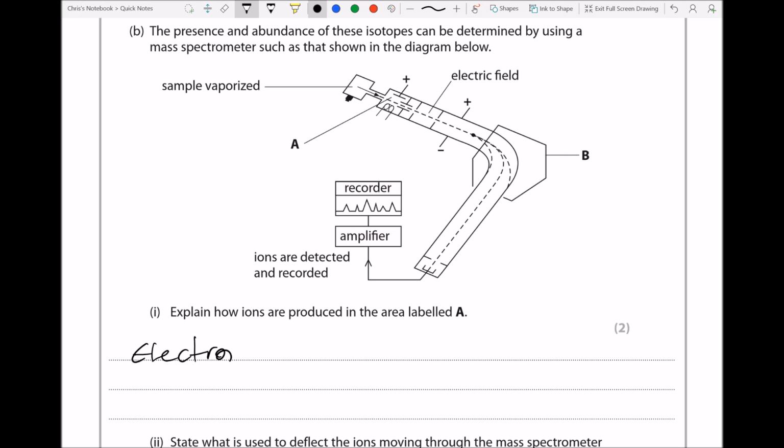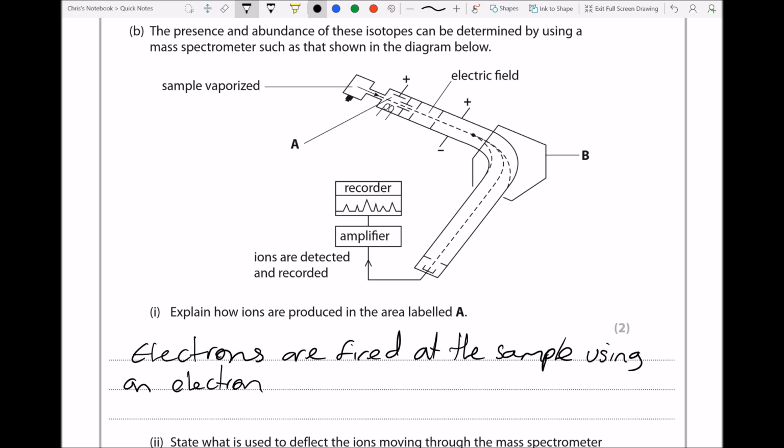So we say electrons are fired at the sample using an electron gun. Okay, so that's the first bit. That's what you would get for your first mark. And then you just need to give the explanation.